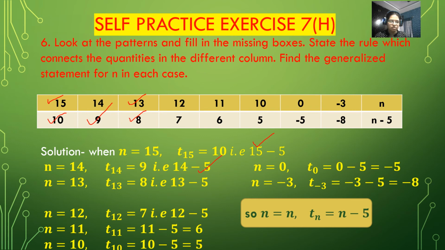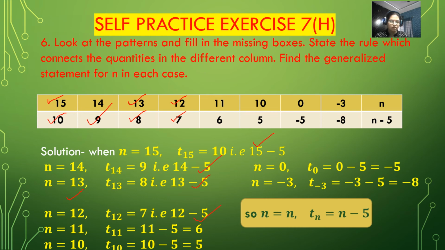T13 is 8, that is 13 minus 5. N is 13, 13 minus 5 is 8. When n is 12, 12 minus 5 is 7. T12 is 7, given 7, 12 minus 5 is 7.